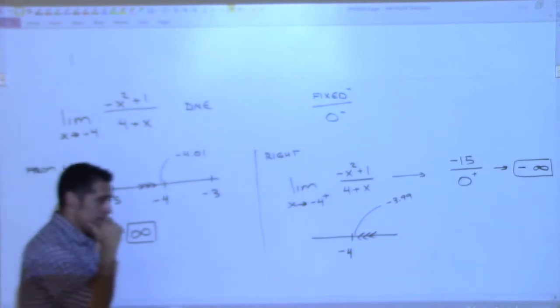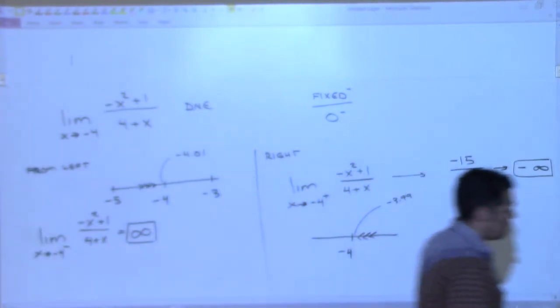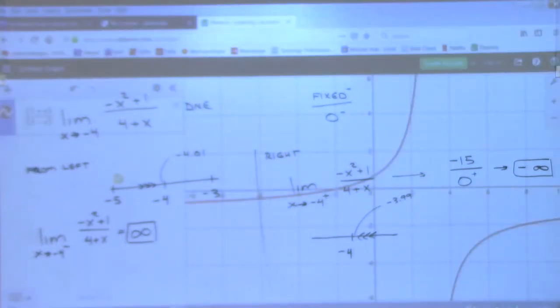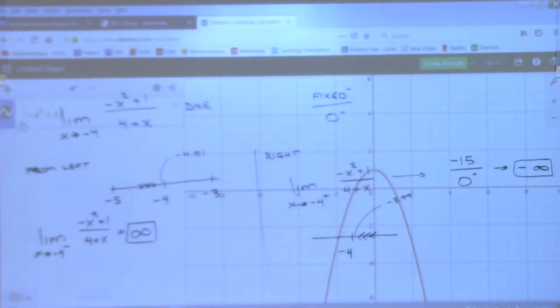Yes? Can you pull that up on a graph? Yes? When I graph it, it'll show one thing. I forgot my parentheses. Over 4 plus x. Right? Yeah.